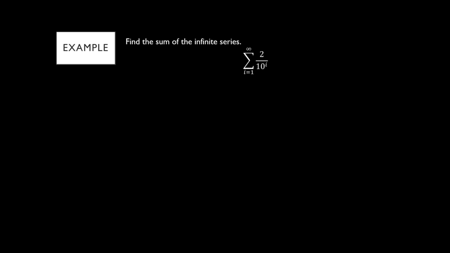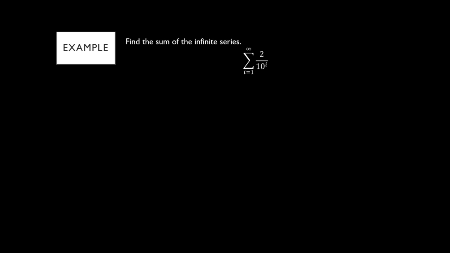So here we've got a sum of an infinite series, because it goes to infinity, of 2 over 10 to the i. When you don't have a specific formula, you basically just start plugging in numbers to determine where it seems like it's going.